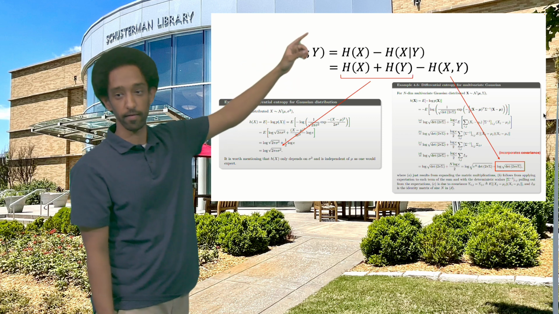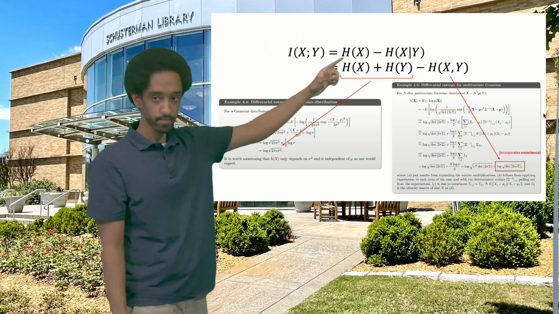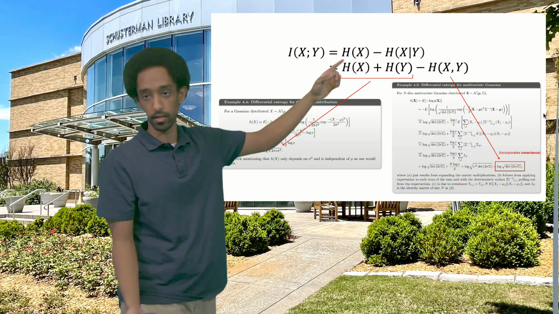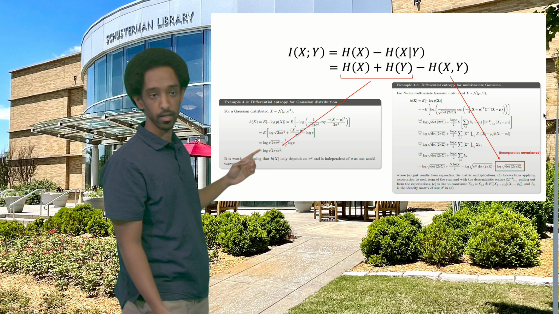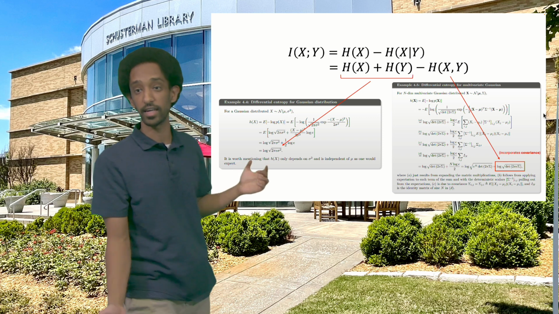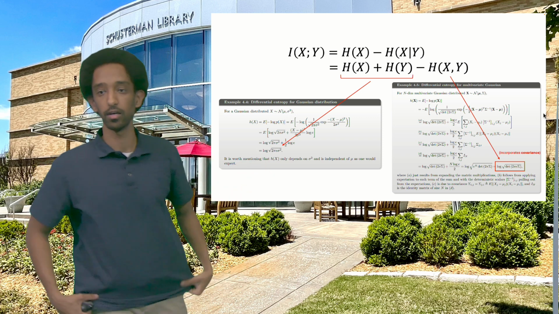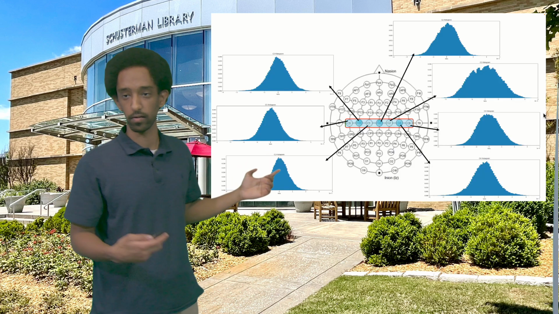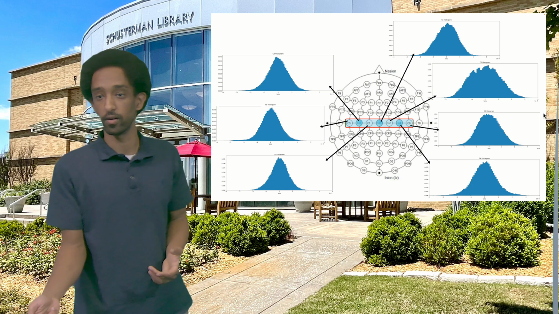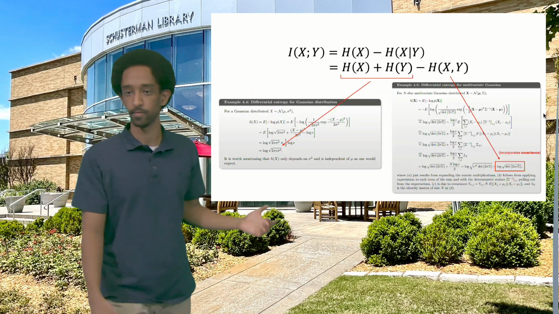This first part here tells us how we can go from entropy to mutual information. So we have Hx, which we calculate using this equation here. It's really just a function of the standard deviation or the variance of your data. So the variance of this distribution directly determines the entropy of that random variable.